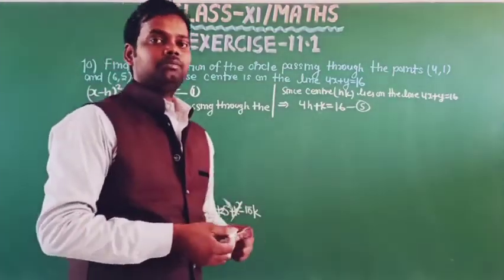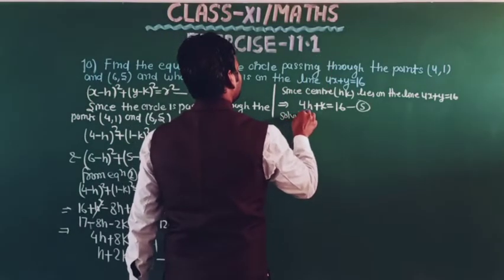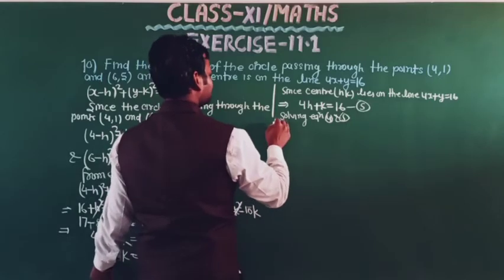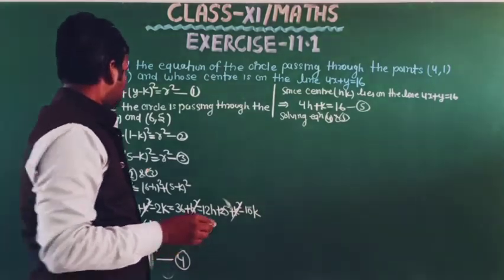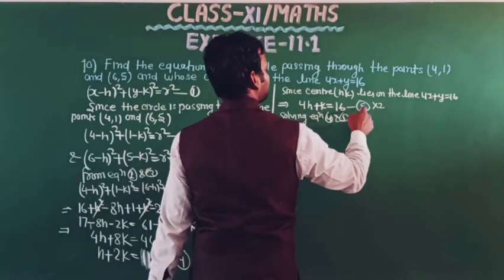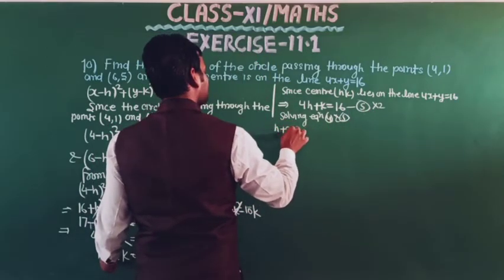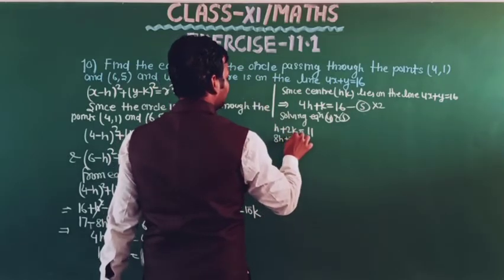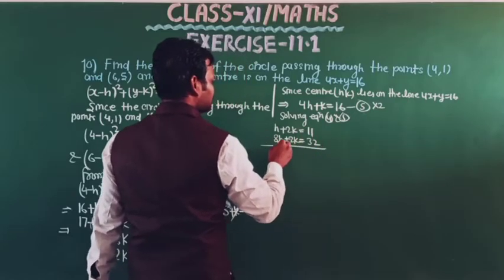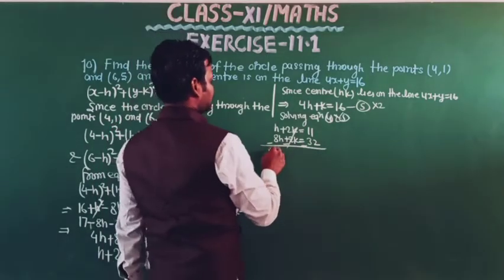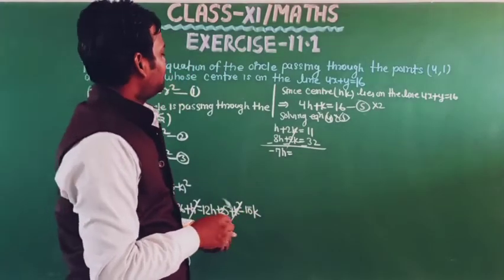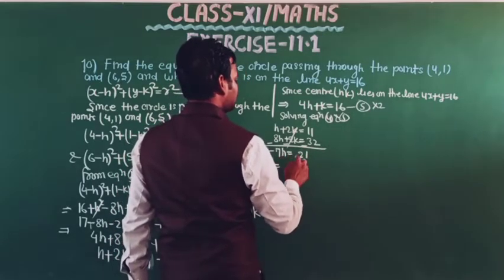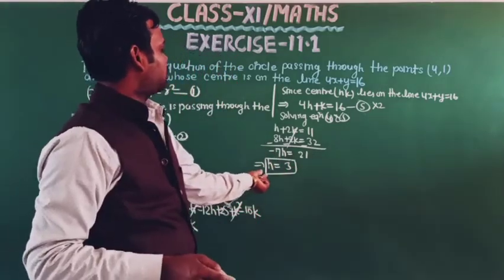Multiplying equation 5 by 2, we have h + 2k = 11 and 8h + 2k = 32. Subtracting, this is -7h = -21, so this implies h = 3. So here the value of h is 3.